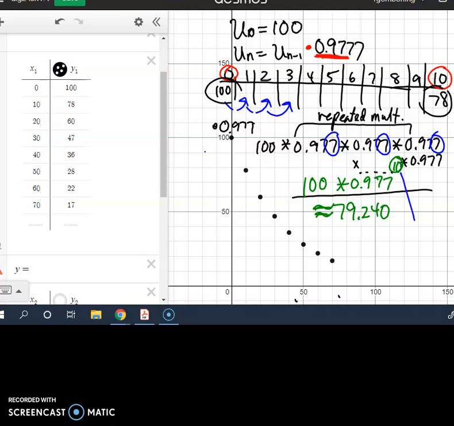Now keep in mind that what we have here, the exponent, that's going to be our x, because we don't necessarily know what number we're looking for on the table. So try to figure out that equation. Again, the exponent, this is going to be x. Type in your equation and see how close you are to go through all of these points. When you're finished, turn the video back on.